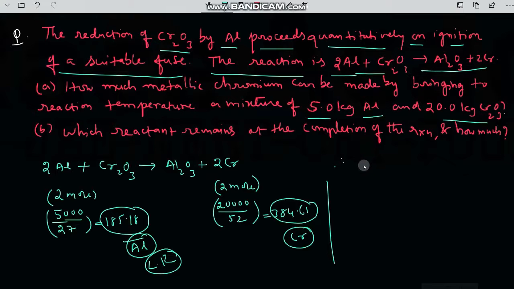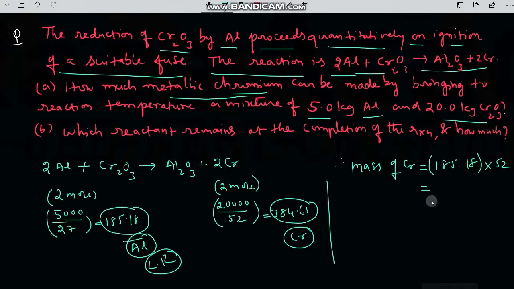Therefore, what is the first question? What is the mass of chromium? Mass of chromium is equal to the limiting reagent number of moles, 185.18, into chromium atomic mass 52.